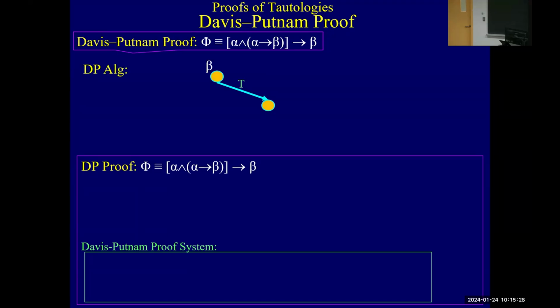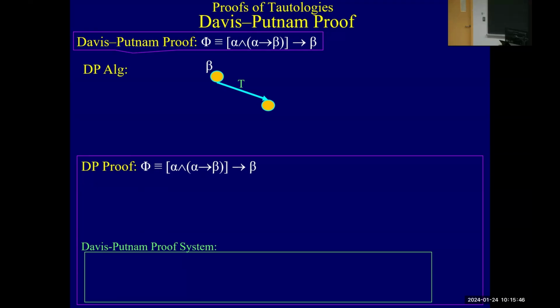But here we're going to first choose one of the variables to branch on, and I chose to branch on beta, because it's on the right-hand side. In one of the settings, it'll clean things up for us, right?